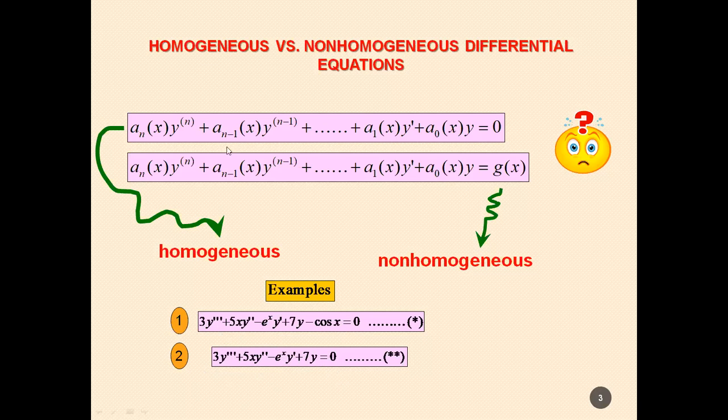Now, can you please write on the chat box which of the two equations, or write down the number of the equation, which is said to be homogeneous. We'll see who will get it right. So write the number of the equation, higher order differential equation, which is homogeneous.